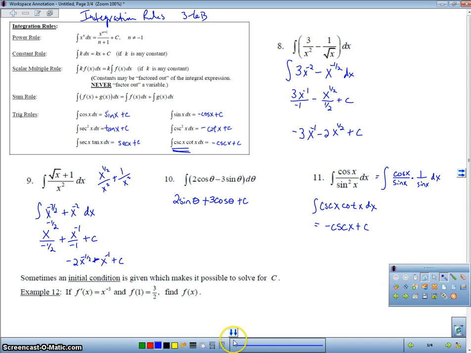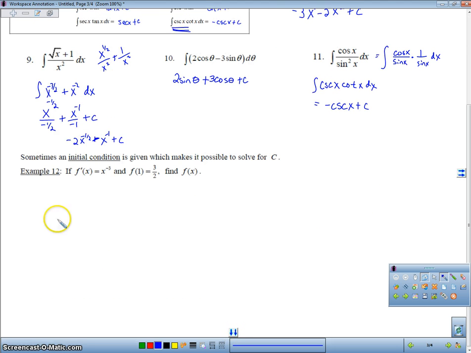That's our answer. All right, so sometimes we have what we call an initial condition. This is like our starting point right here, and our starting point gives us an opportunity to solve for c. All right, so let's take a look. We got f prime of x equals x to the -3rd. So I'm going to take the antiderivative with respect to x.